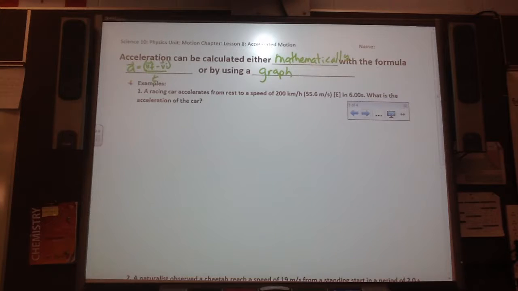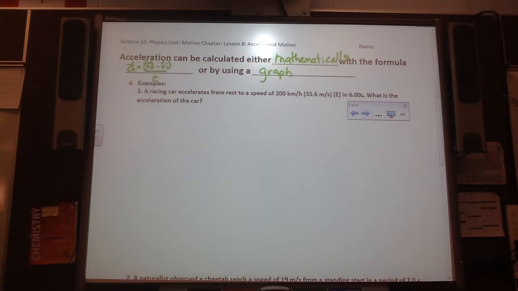I'm finding acceleration. I thought you were finding the displacement. That's for a DT graph. Or if you find the area of a VT graph. So V times T, that's area. That's what we did before.